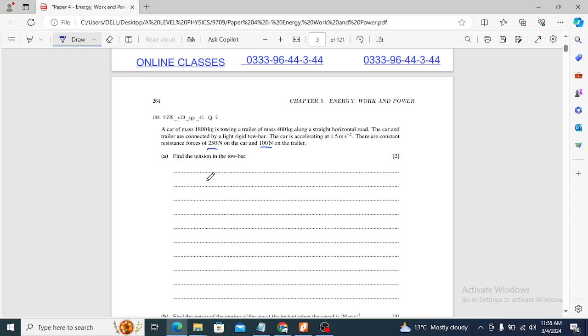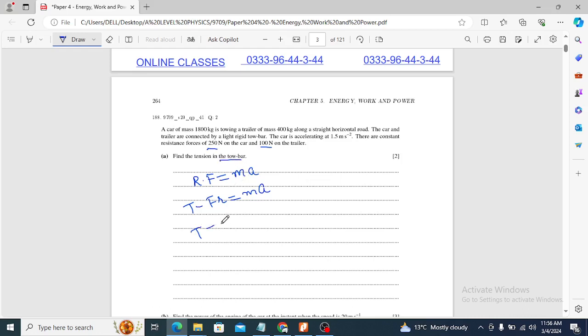So we will use Newton's second law, that is resultant force equals mass times acceleration. The resultant force is the difference of the two forces: the tension minus the frictional force equals mass into acceleration. We are supposed to calculate the tension in the tow bar.